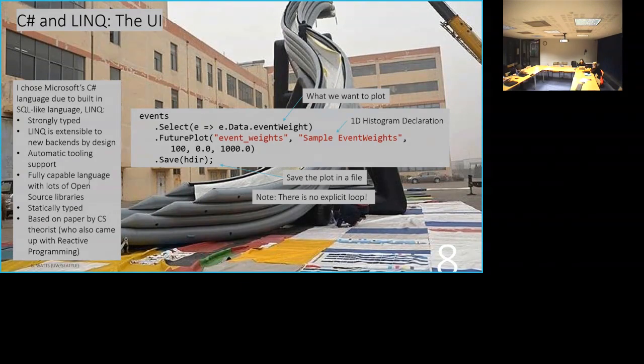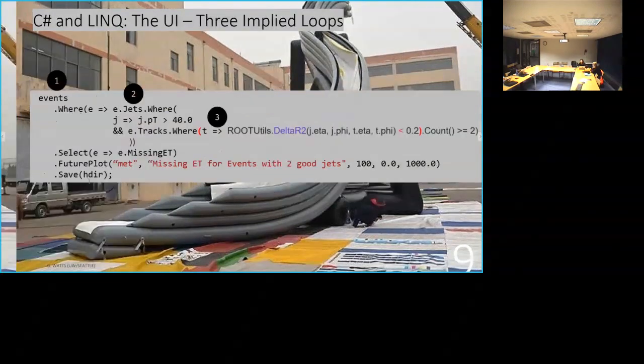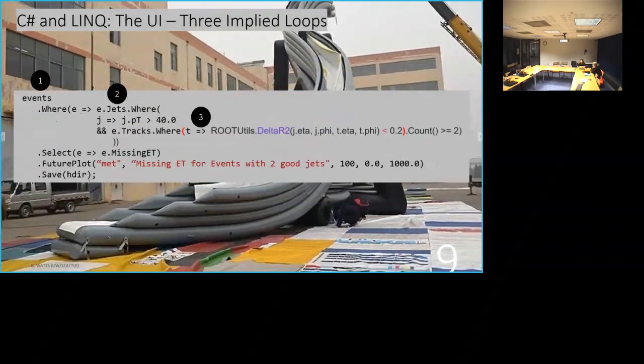Let's say we do something more complicated, sort of like that query I posted at the top. To start with events, and then you ask to only look at events where jets have a pT greater than 40 and where they have tracks with a delta R less than 0.2, where there are at least two of those.